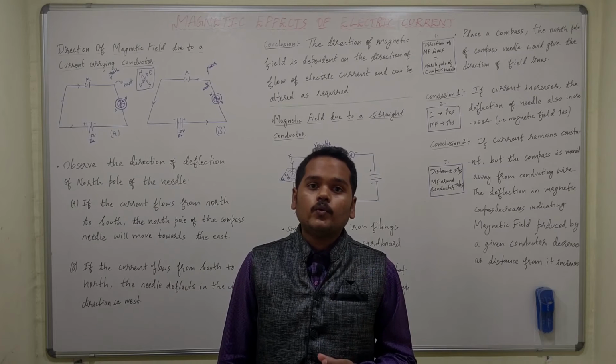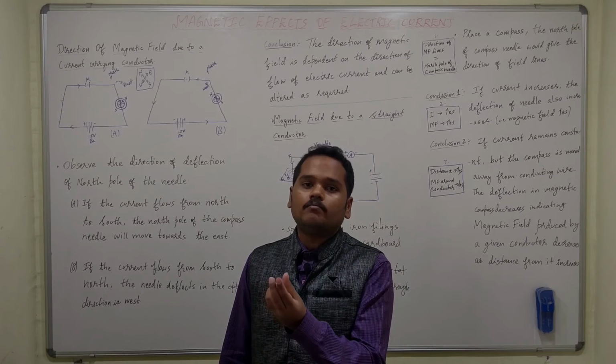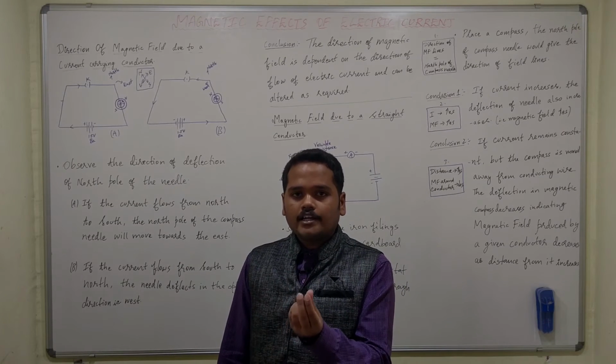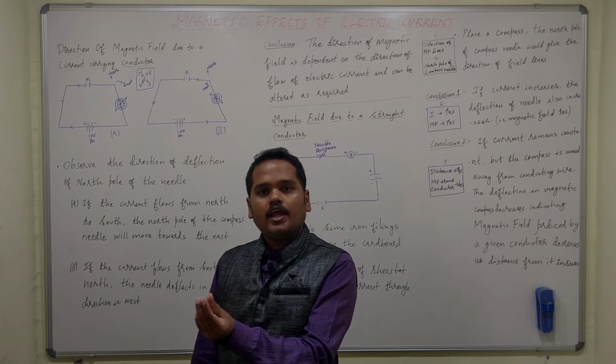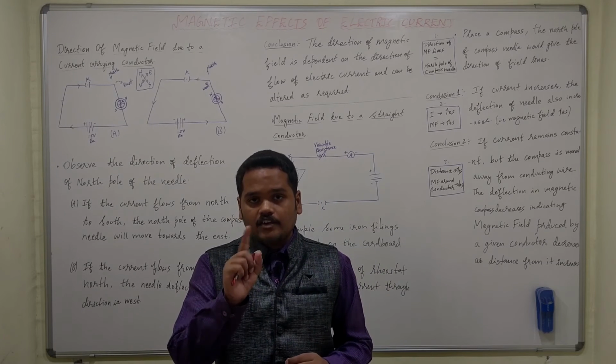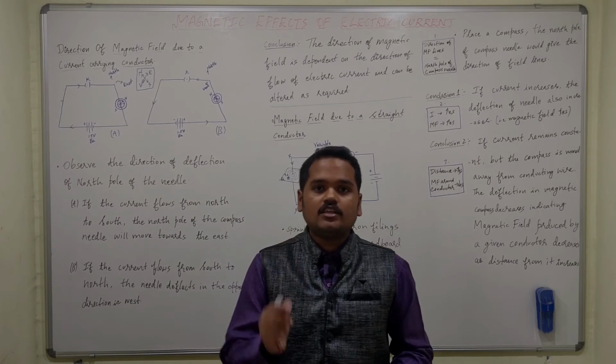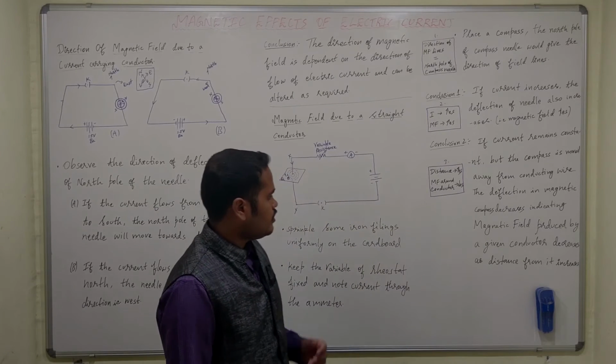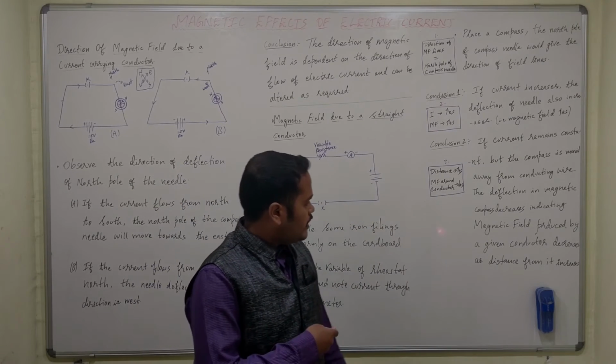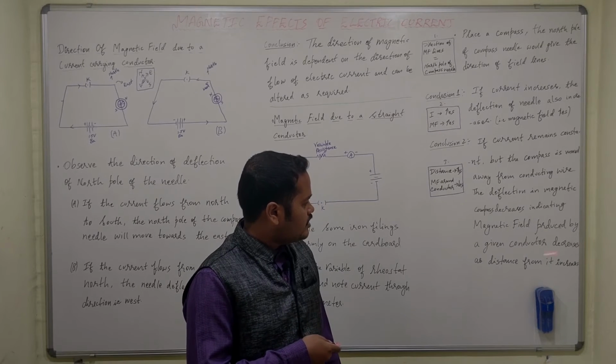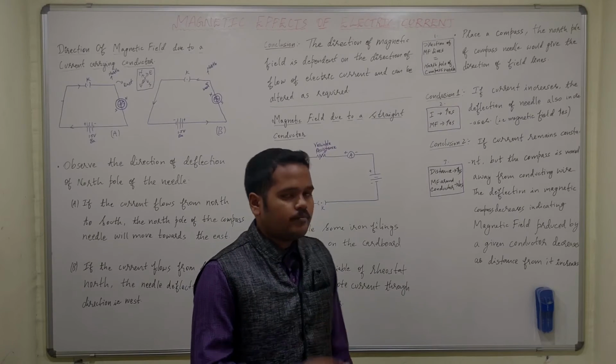And how will you prove it? By placing a magnetic compass. If you place a magnetic compass and move it away, you can see the needle deflection will decrease. So that indicates the magnetic field produced by a given conductor decreases as the distance from it increases.